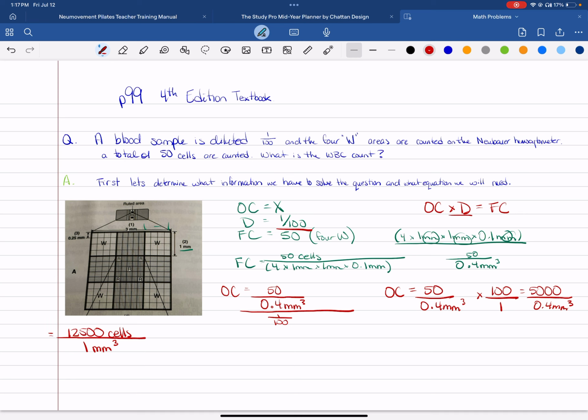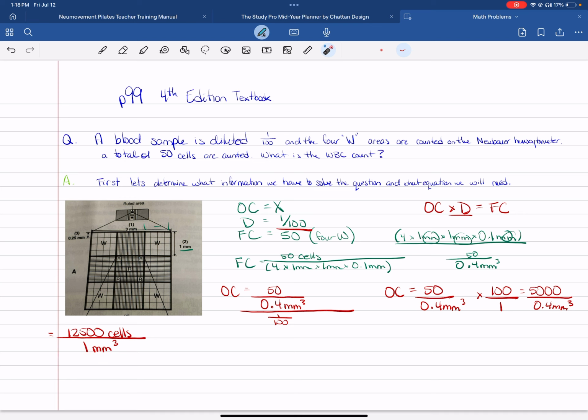Again, that's because we went 5,000 divided by 0.4. So 0.4 goes into 5,000 12,500 times, and 0.4 goes into 0.4 one time. That's how we resulted in this value here.